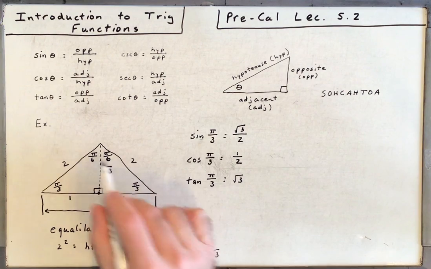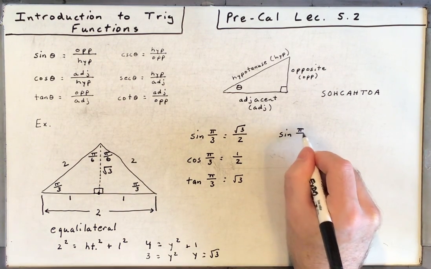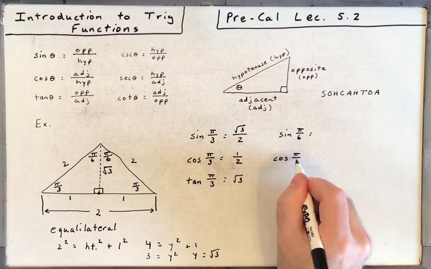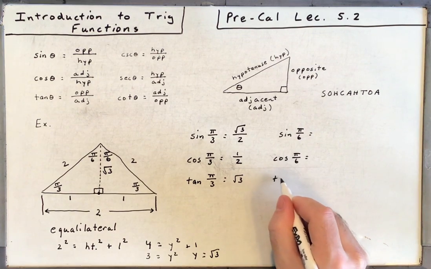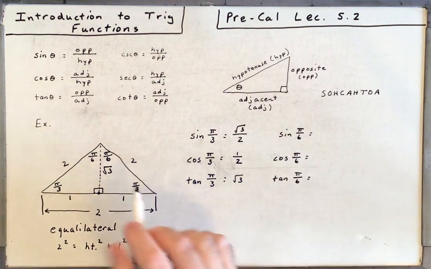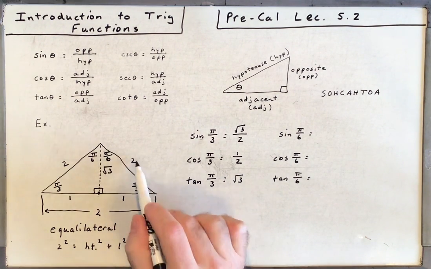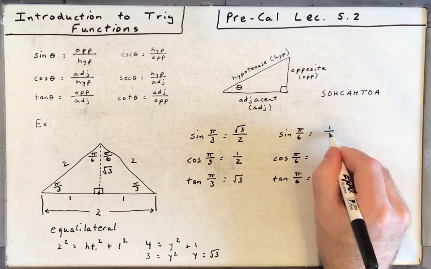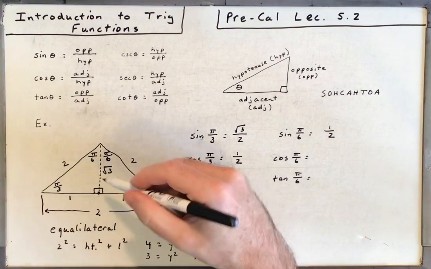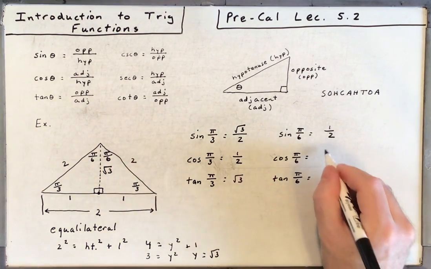Now let's do pi over 6. The sine of pi over 6, going up here, is opposite 1 over hypotenuse 2, 1/2. Cosine of pi over 6 is the adjacent side, that's the dashed line, the height of the triangle, root 3 over 2.